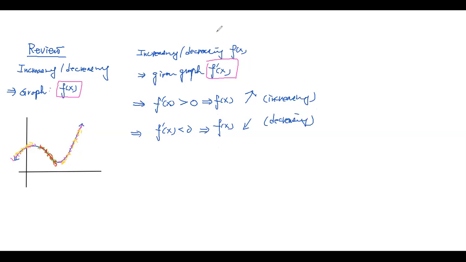Those are the most important things here: the first derivative helps us determine the shape of the function. If the first derivative is greater than 0, f is increasing. If the first derivative is less than 0, f of x is decreasing.